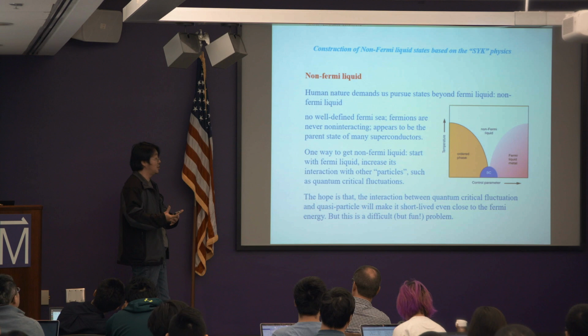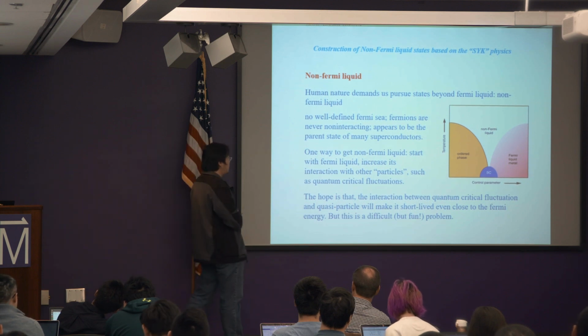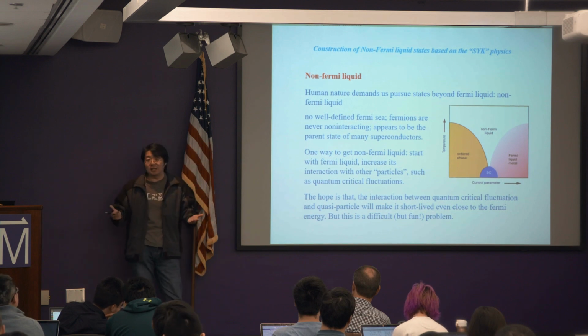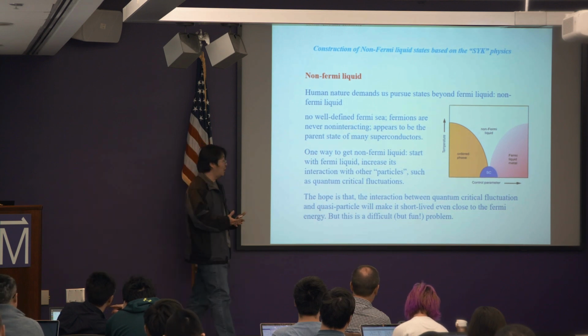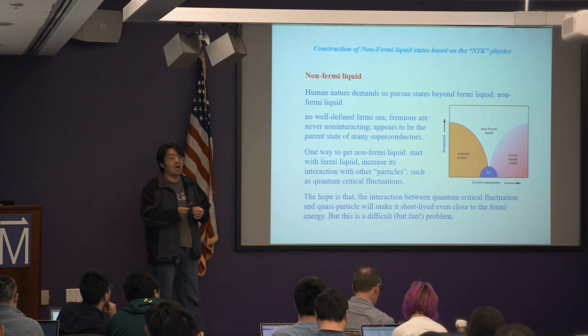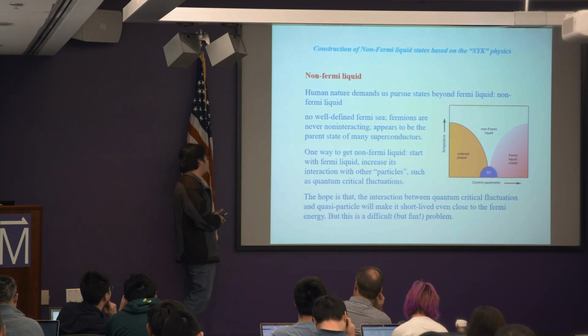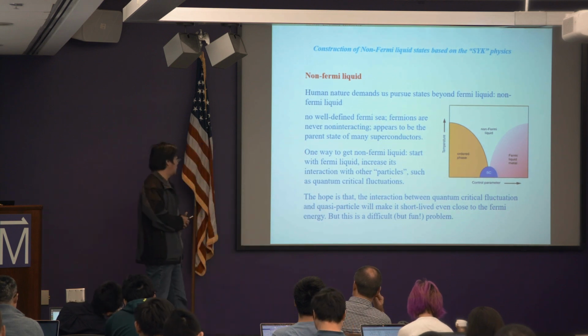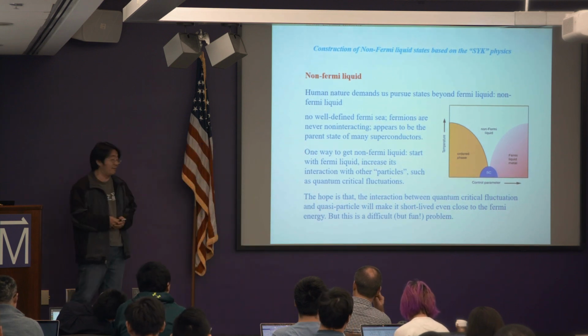Yesterday we heard that the interaction can be relevant, and when it is very relevant, it kills the quasi-particle. The decay rate of the fermion can be very big, so the fermion will no longer have a long-lived quasi-particle. That's how we get a non-Fermi liquid.